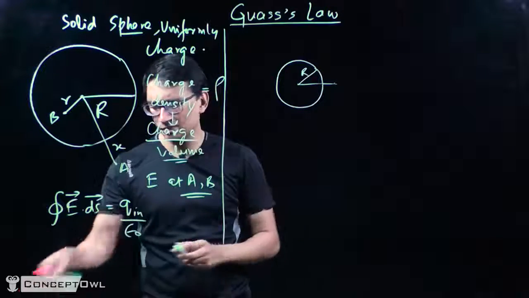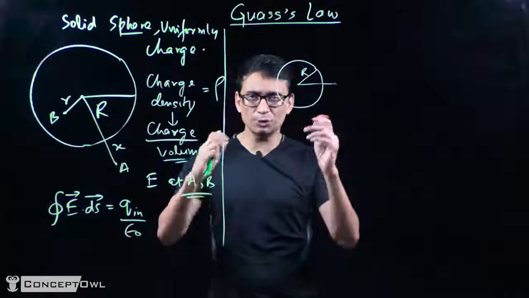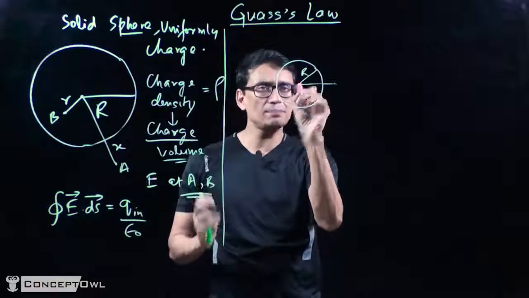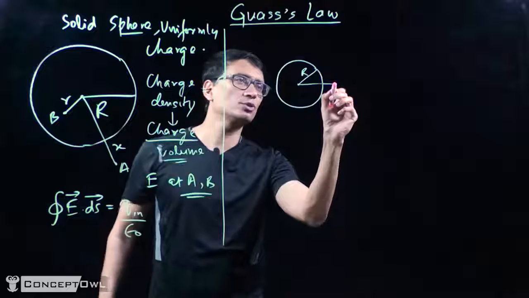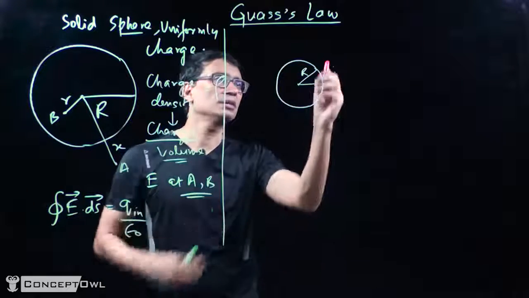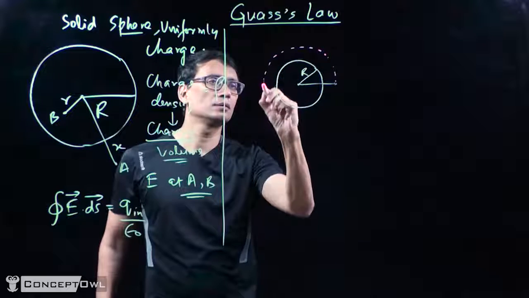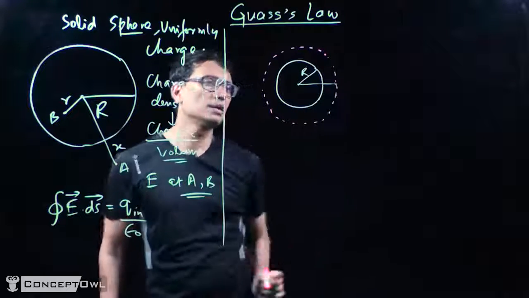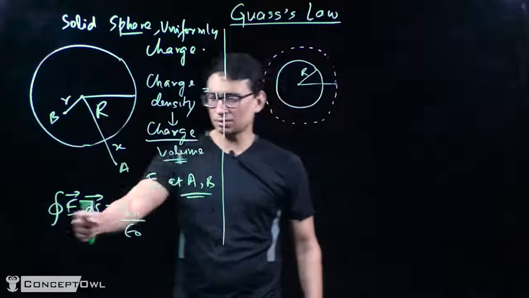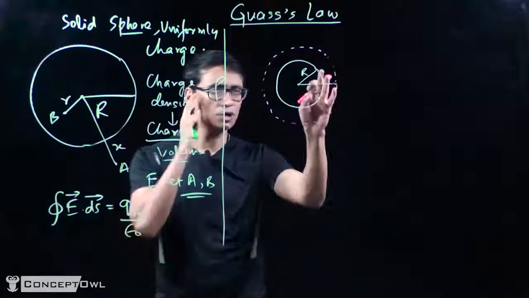Now I'll draw a Gaussian surface here, and I'll choose the Gaussian surface to be again a sphere around the same center. This is a sphere, same center, and now I'm going to apply this particular law to this Gaussian surface, right?